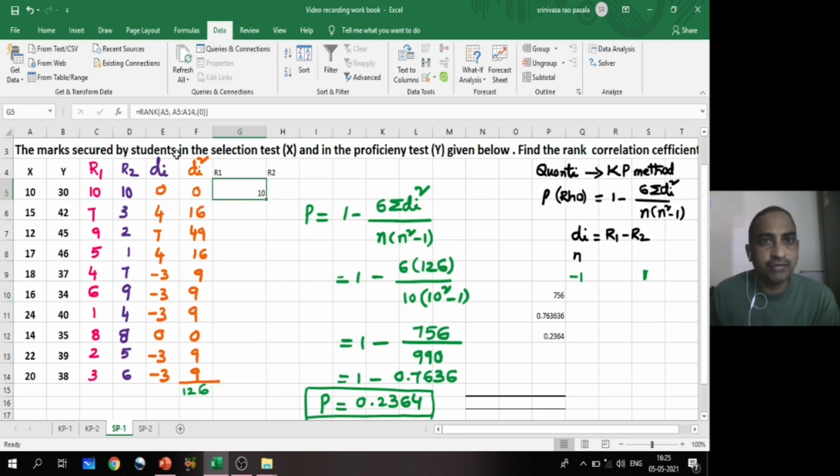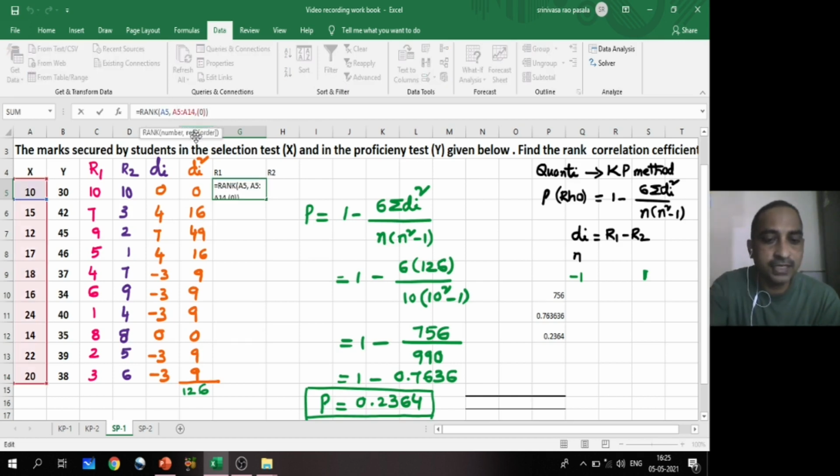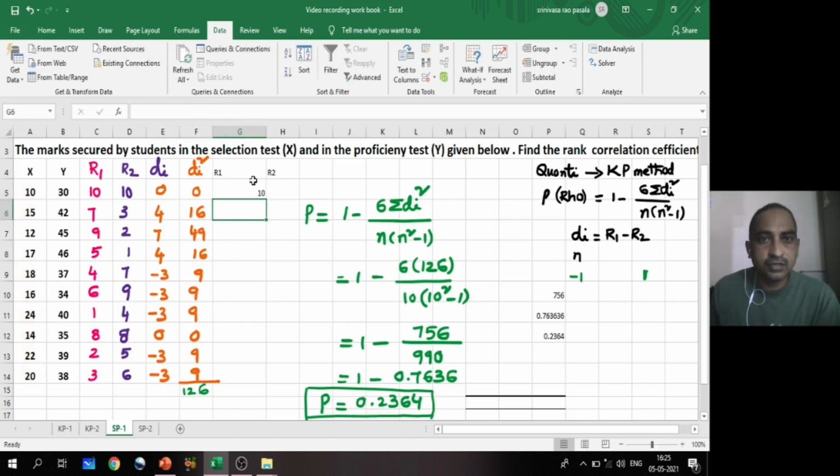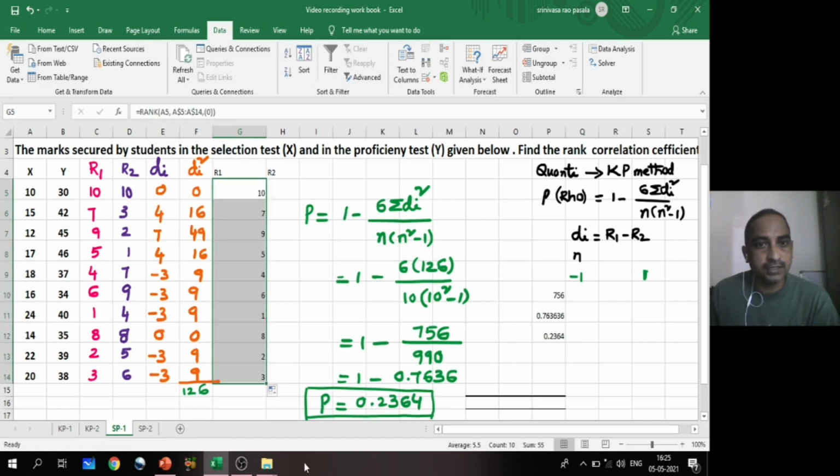So I fixed this for each cell. The reference is only A15 to A14. That's why I put the $ sign in between, so I fix that cell, right? Then you press enter, then you drag. You will get this. So now you observe the third rank, third, 2, 2, 8, 8, 1, 1, 6, 6, 4, 4. Right? I hope you understood.